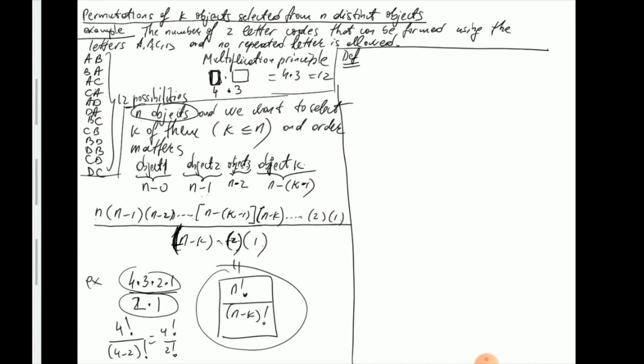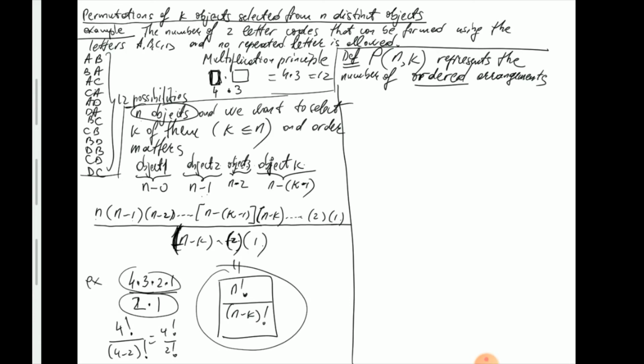So the notation for permutation is P(n,k), and this represents the number of ordered arrangements. Order is important, right?